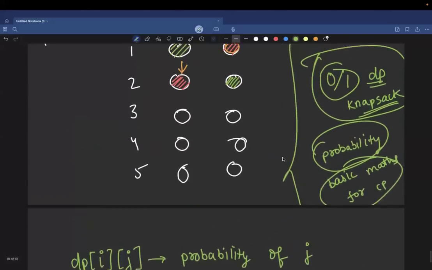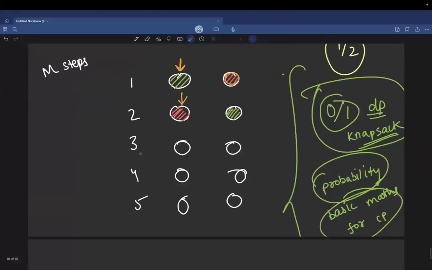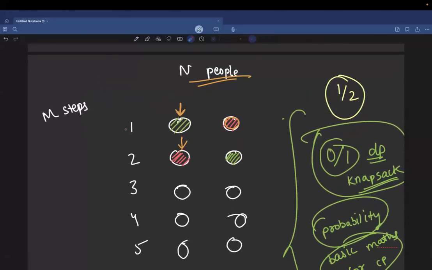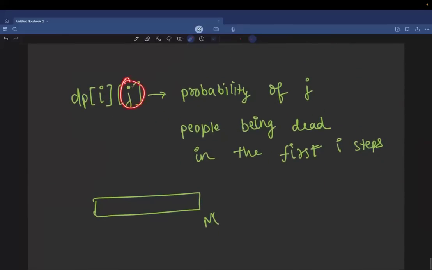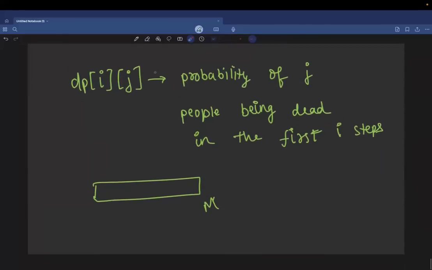The reason behind this state is, since you have m steps, obviously you would like to have one dimension for I, basically the number of steps you have already covered. Next, you care about the people who are dead, and at every step, either the number of people who are dead will remain the same or it would increase. So you would like to have J as a dimension, the number of people who are dead till now.